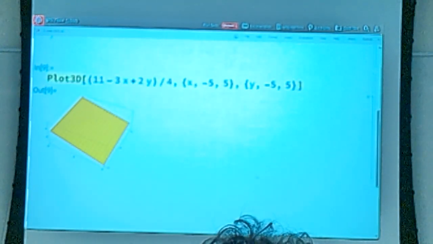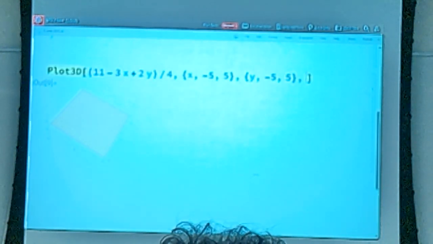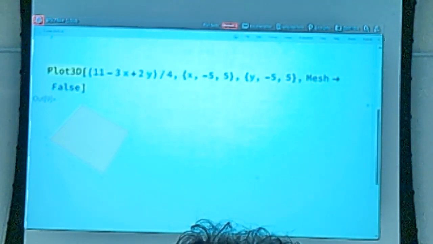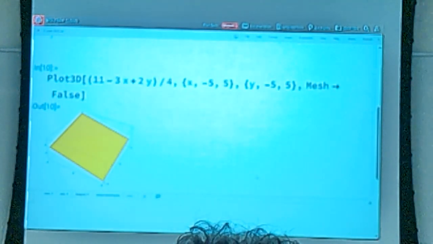I also don't know what it shows for z, but we'll find out. So the first thing I'm going to do is turn the mesh off. That just gets rid of the grid lines.